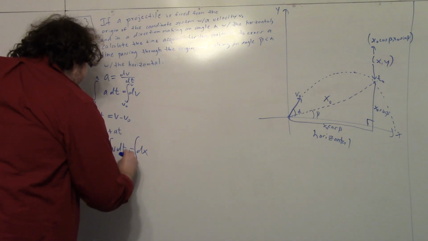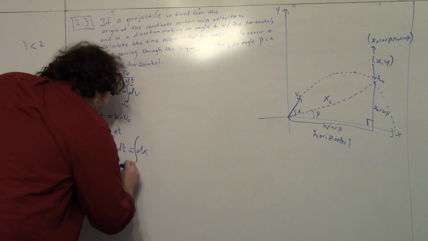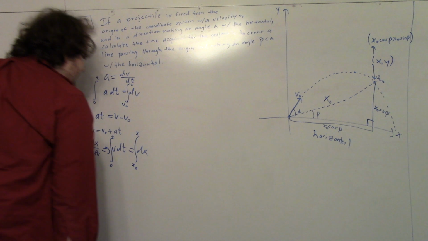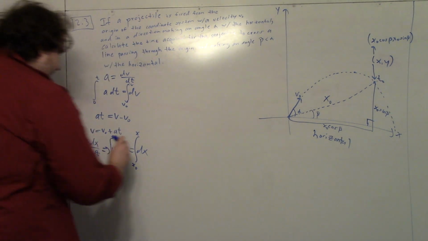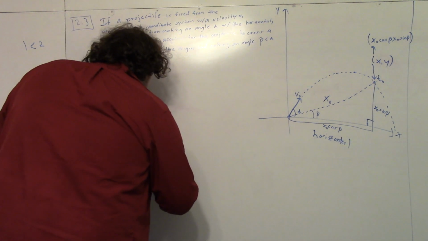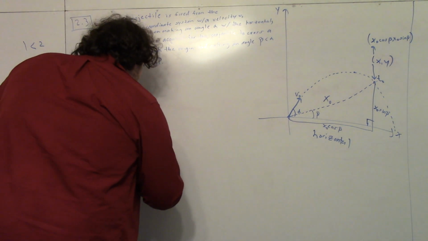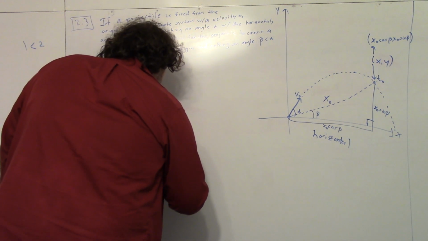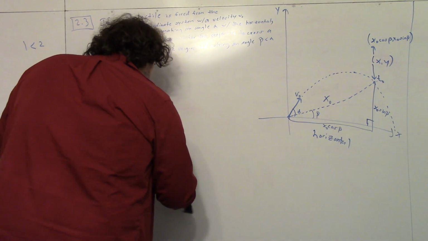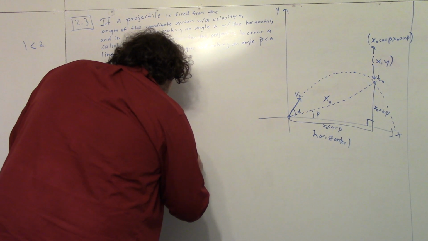Why not? 0 to t, x naught to x. That equals v times t, which equals x minus x naught.